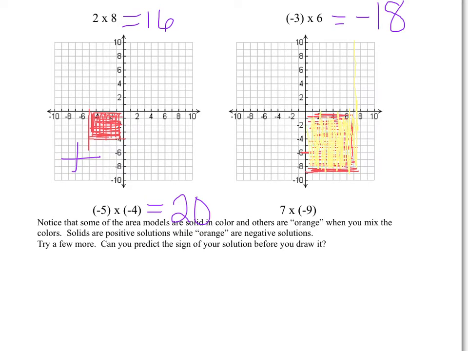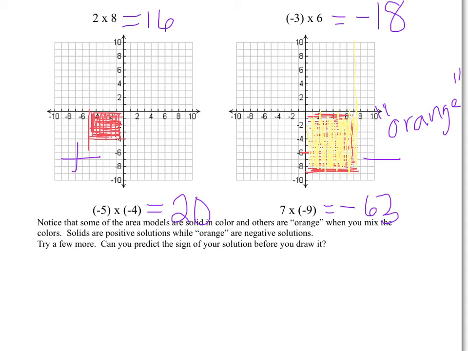Now we have a mix of the 2 colors, so we get this orange. It's not really very orange, as I said, but it is representing orange, so our answer is going to be a negative. And the number of squares that we have colored in all together is going to be 63. So my solution is negative 63.